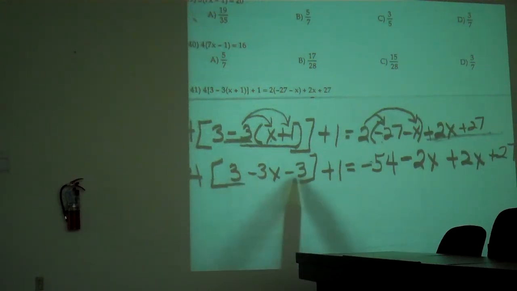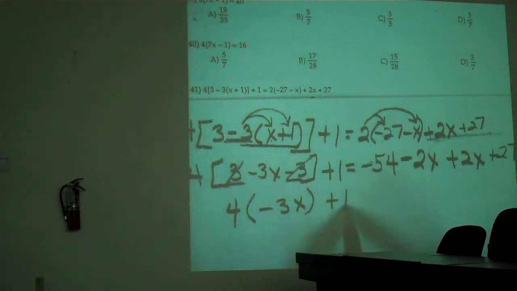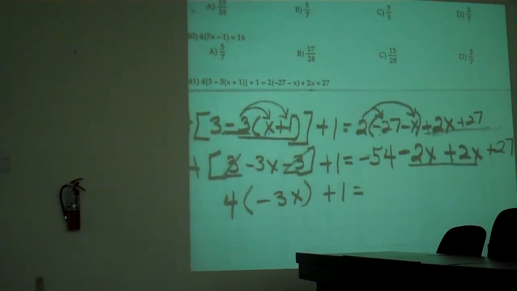We have a 3 minus 3 here, inside here. Combining like terms, 3 minus 3 is 0. So all that's left inside the parentheses is negative 3x. Bring plus 1 down. Here we can combine negative 2x and plus 2x.